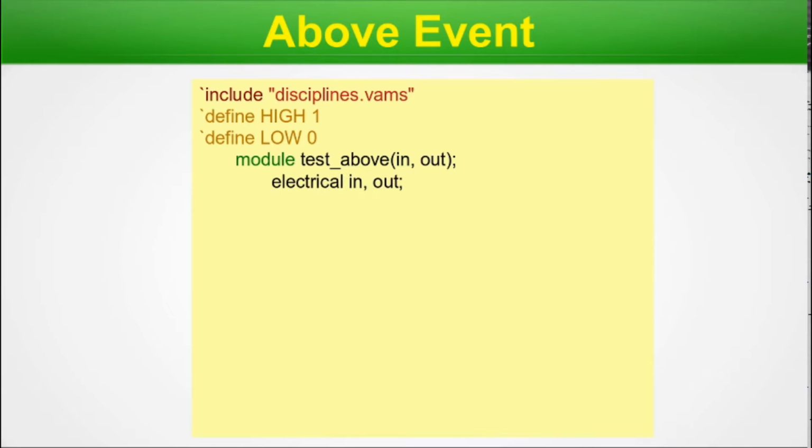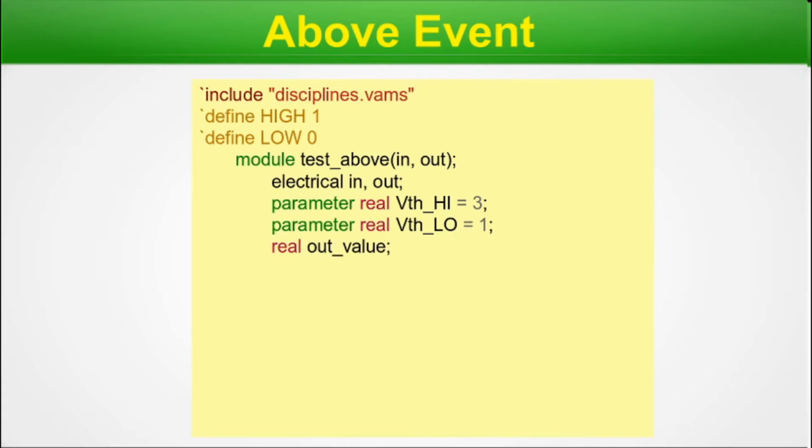We write electrical in and out, then we define parameters of real type, VTH high as 3, VTH low as 1, and then we define another real variable as out value. Then we start our analog block with analog begin.